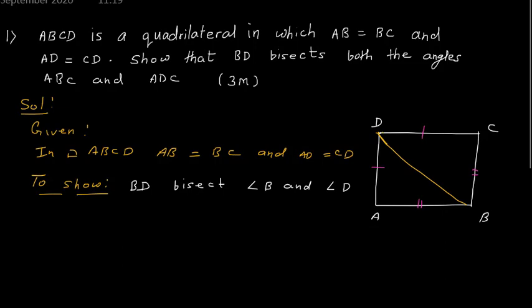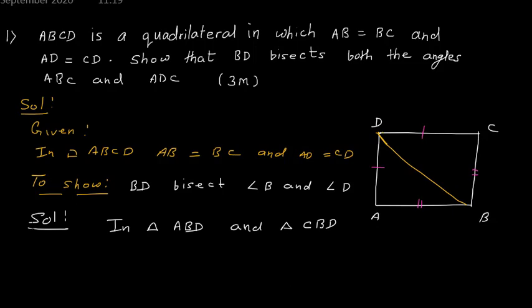Now in solution we will take triangle ABD. So we will say that in triangle ABD and triangle, AB we have started. So ABD. So here I will start with CBD, triangle CBD.